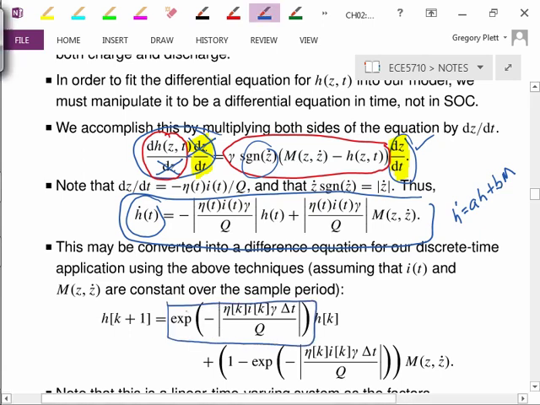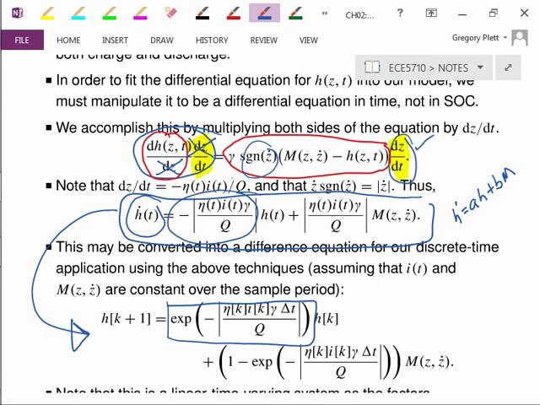So compare this equation to this equation using the method developed in the previous section, and you will see this negative absolute value of eta I gamma over q becomes e to the minus absolute value of eta I gamma delta t over q, and so forth. That's one of the reasons I developed in a general way the conversion from continuous to discrete, so that it would be a fairly straightforward step to apply here rather than having to again perform all those operations on this example.